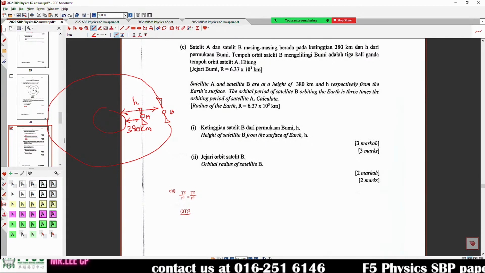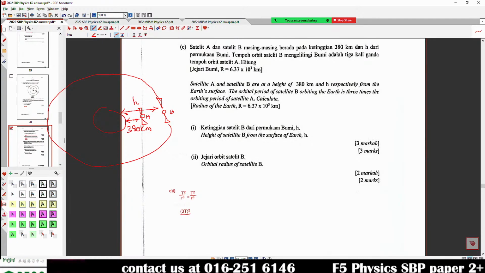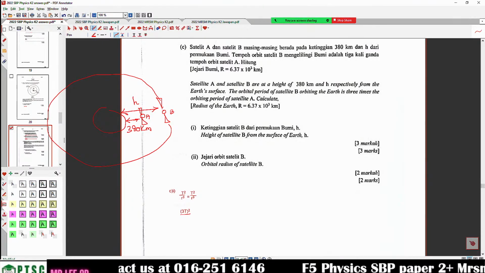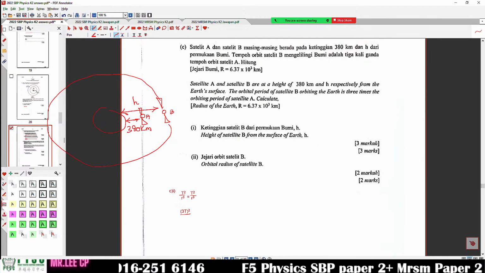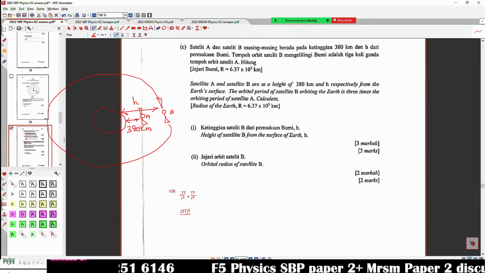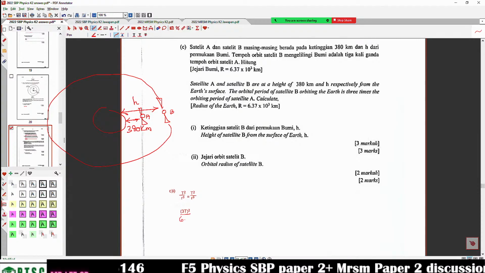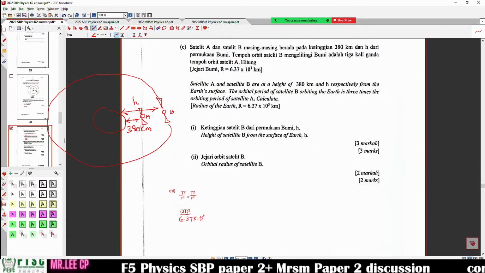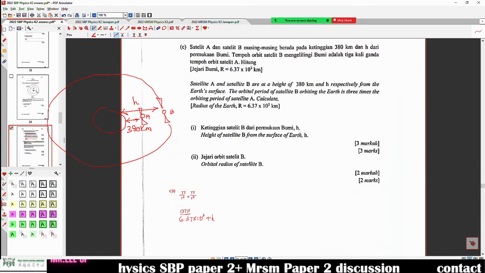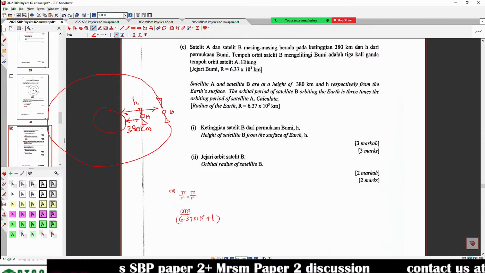So this is the R. R is the radius of the Earth plus h. The radius of the Earth is 6.37 times 10 power 3 plus how high it is, and then you need to square it.